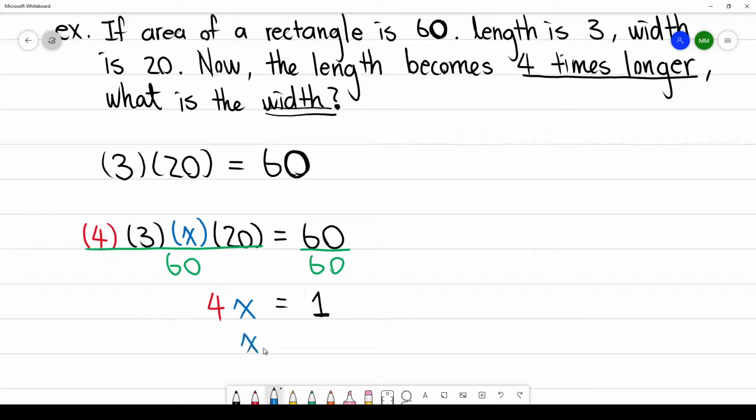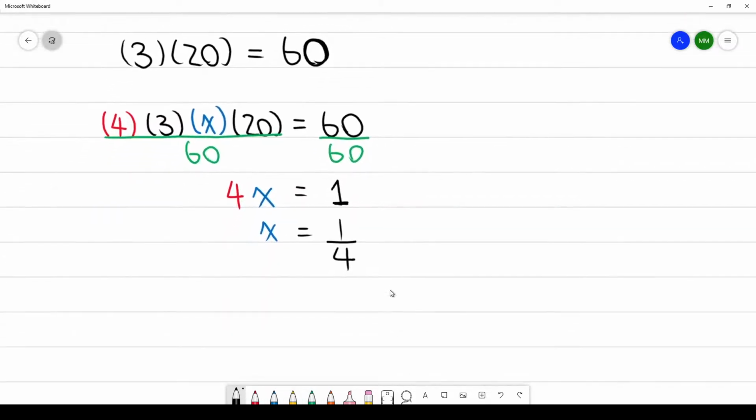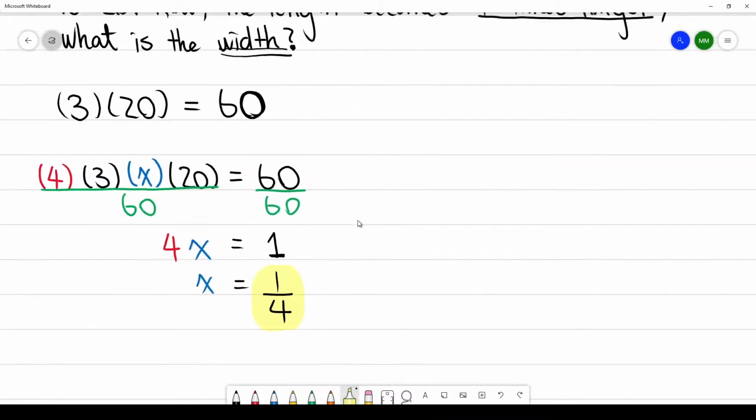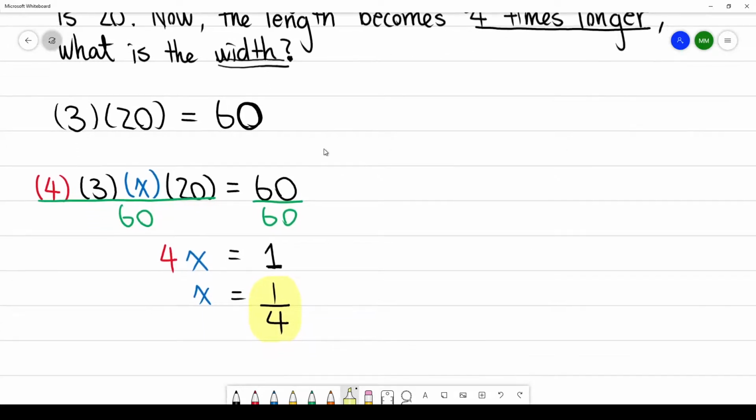So x would therefore be equal to 1 over 4. So it's 1/4 of the original length.